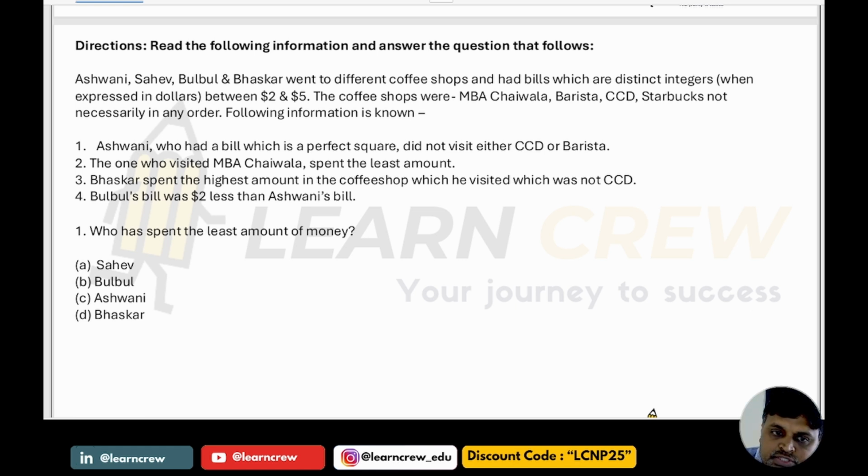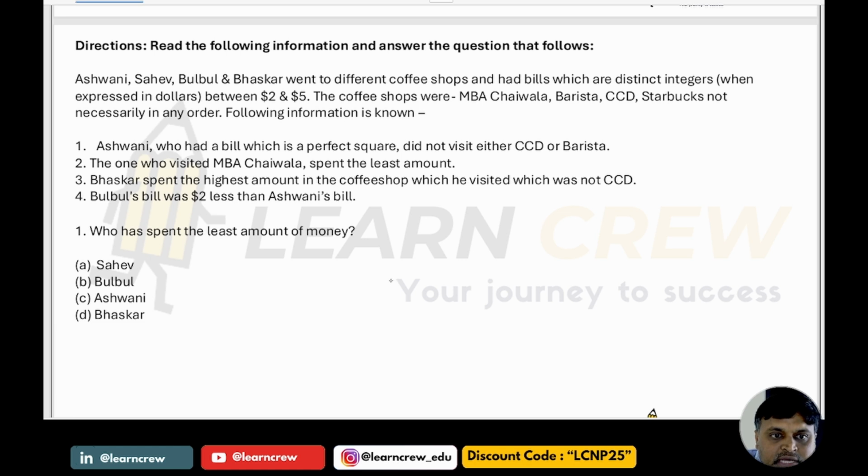Following information is known. So what is given here? Different people are there. Ashwani is there, Sahib is there, Bulbul and Bhaskar. Now they are spending in different integers 2, 3, 4, 5. So between 2 and 5. The coffee shops were different. Coffee shops are given here.